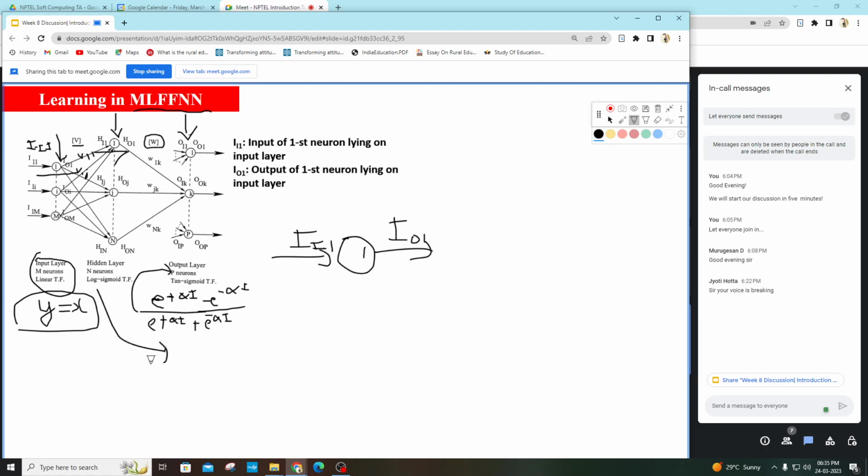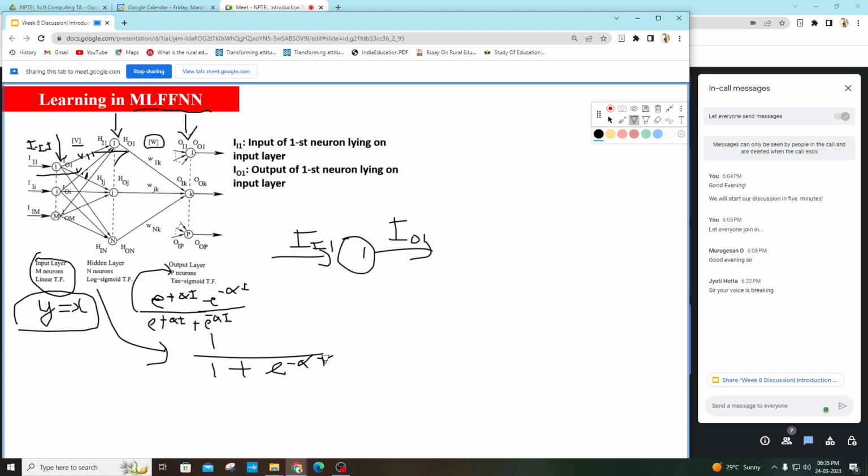Similarly, log sigmoid is very similar, 1 by 1 plus e to the power minus alpha I.